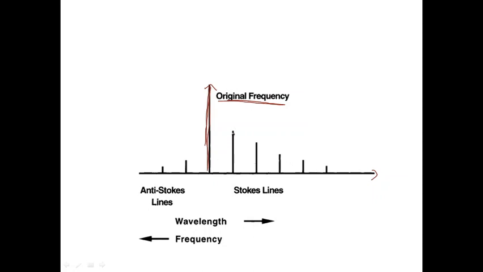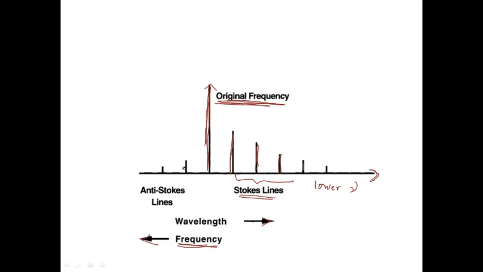So these lines having frequency lower than that of the original frequency contribute the Stokes lines. So as you can see here, frequency is marked towards the left side and wavelength is marked towards the right side. So this positive side actually corresponds to lower frequency. So from the original frequency, we can see certain lines have lower frequency, and those are called Stokes lines.